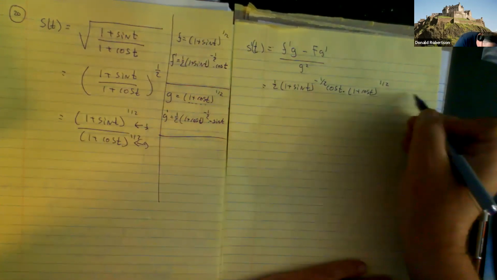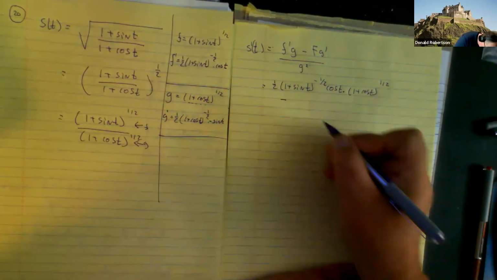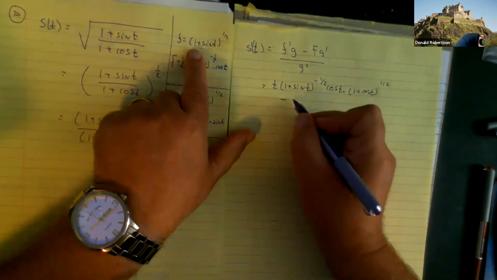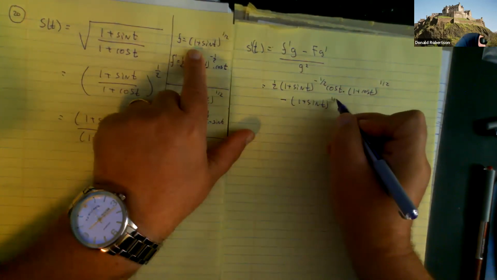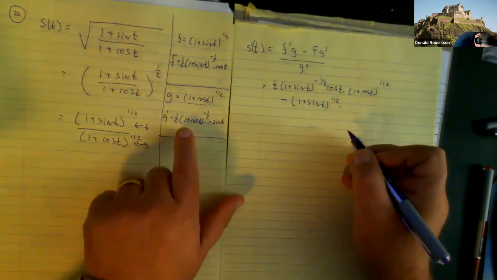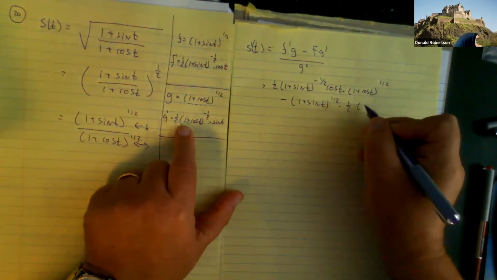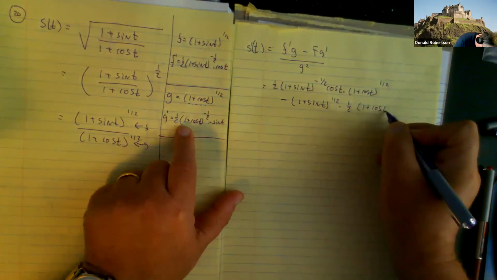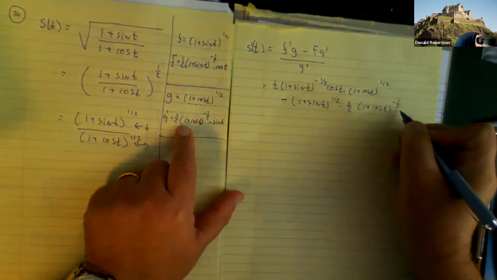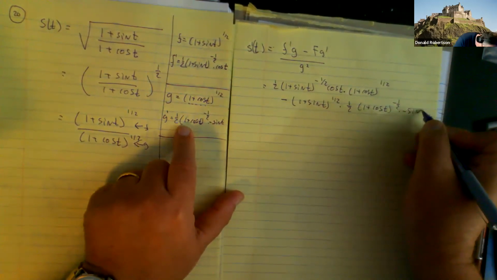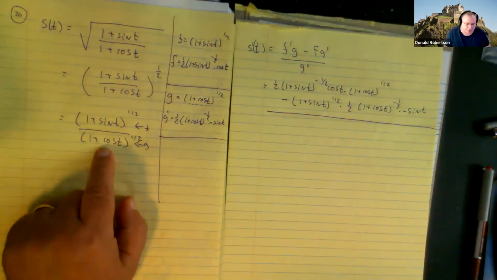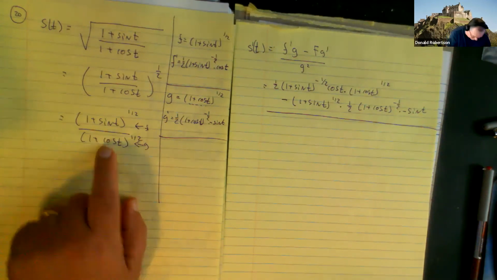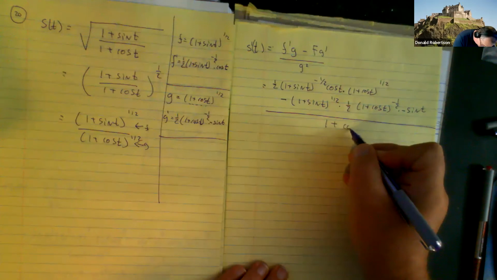And there's no way in the world I'm going to squeeze that in here, so take away, leave the first function alone, times the derivative of g, all over that squared. That's the only bit that's actually nice, because if you square that, don't you just get a single 1 plus cosine t?